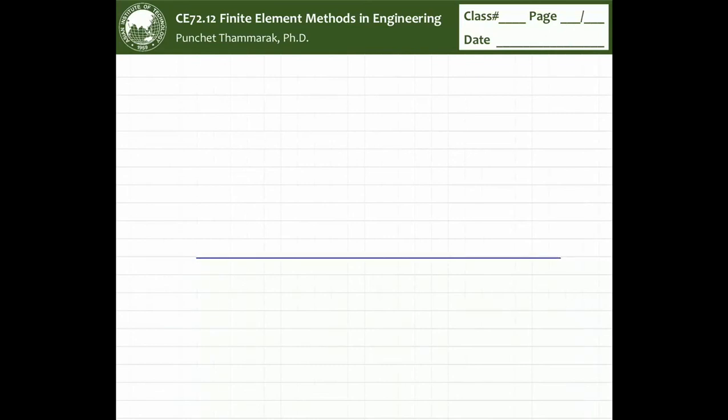You have two elements, one node, 1 2 3 4, 1 2 3 4, and 1 2 3 4. Here is your curve.